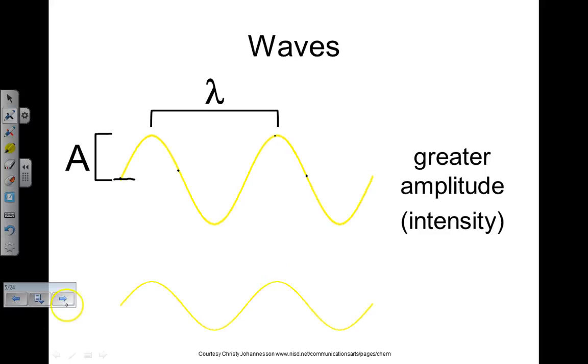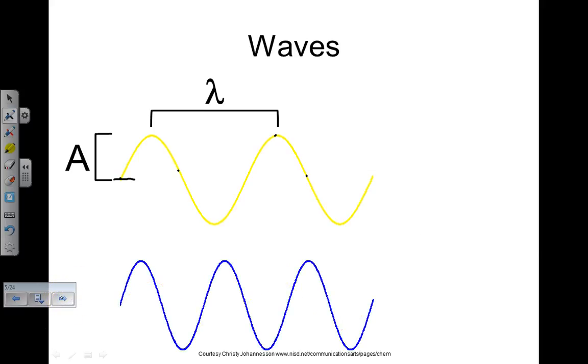Okay, so it's tough to see. But let's change something a little bit better. This changes the wavelength. Notice here the amplitude is the same, or at least it's trying to represent it being the same. But if we draw a picture, the wavelength is shorter. By changing the wavelength of the light, we have changed its color.